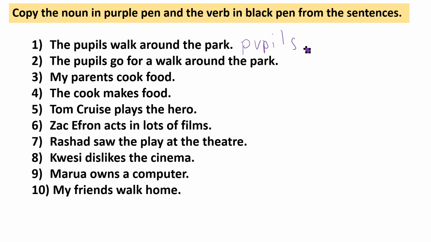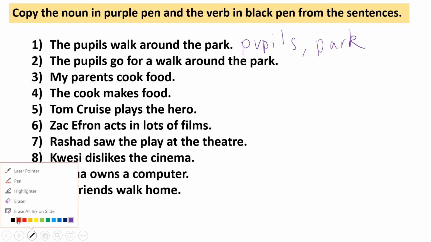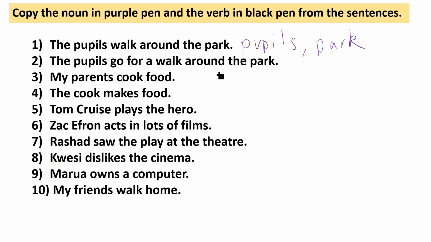And also park is a common noun. There's no more nouns. And now I need to do my verb in black pen. So let me get black pen. So I know the verb is a state of being or doing action, and the pupils are walking. So I know that my verb that I'm writing in black is walk.